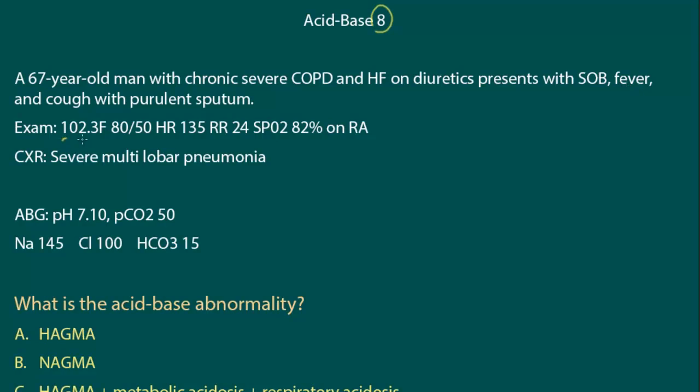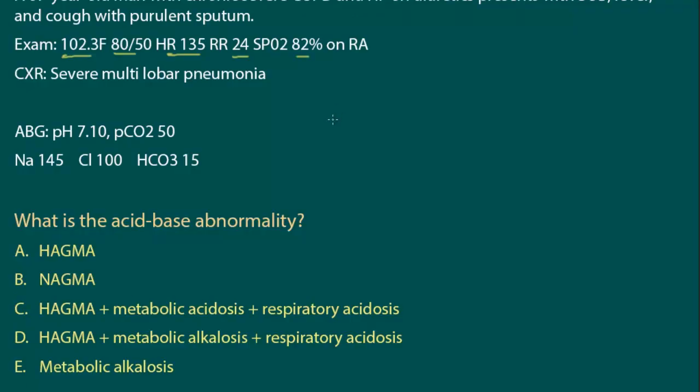Temperature of 102.3, blood pressure 80/50, heart rate 135, respiratory rate 24, pulse ox 82%, chest x-ray severe multilobar pneumonia. pH 7.10, PCO2 50, bicarb 15. Expected PCO2 would be 30. 15 plus 15 is 30.